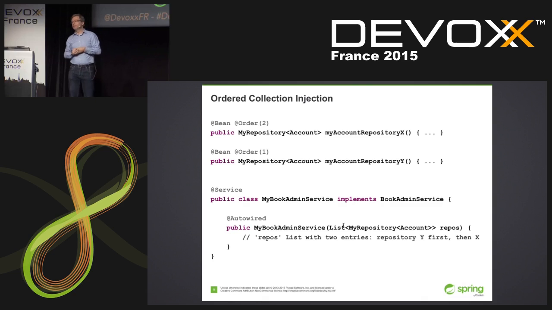That can be pretty important if that list represents kind of a search arrangement. Check the first one first. If you don't find it on the first repository, go to the next one, right? There may be a business meaning, an algorithmic meaning to the order in that list in your application arrangement, and that can be expressed through @Order values now.